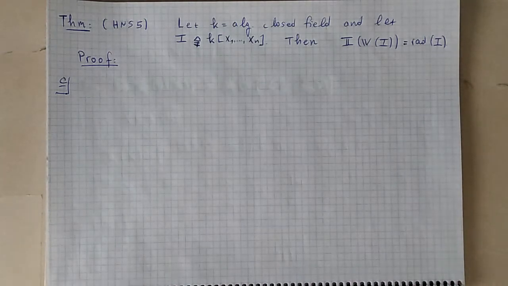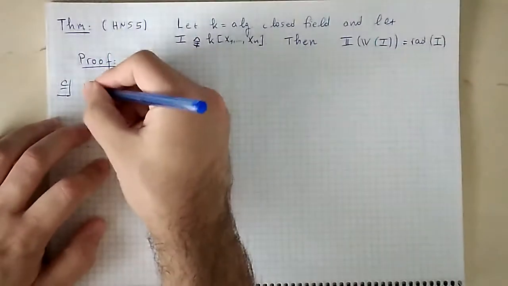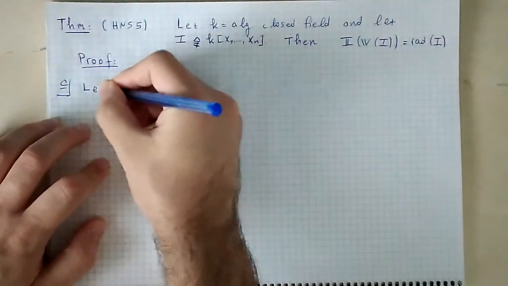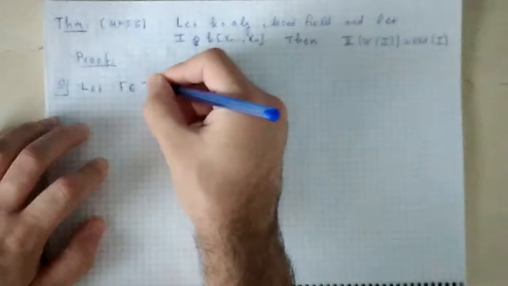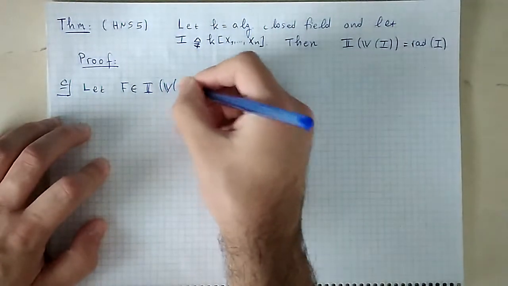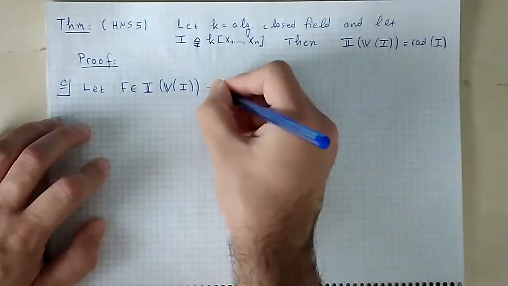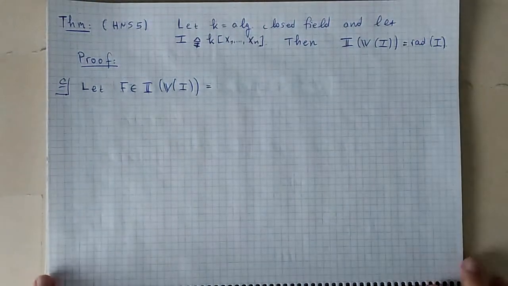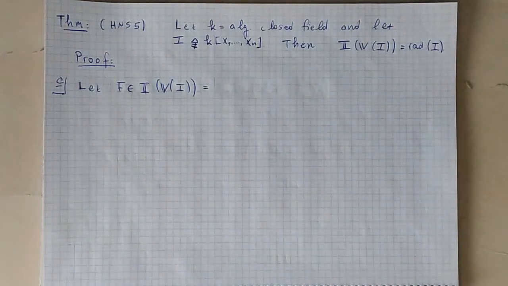Okay, so let f be a polynomial living in this ideal.